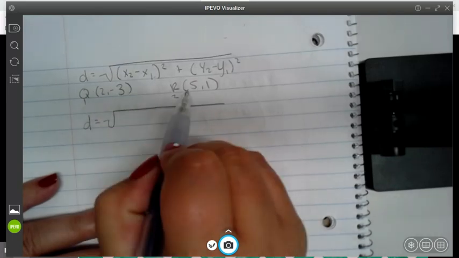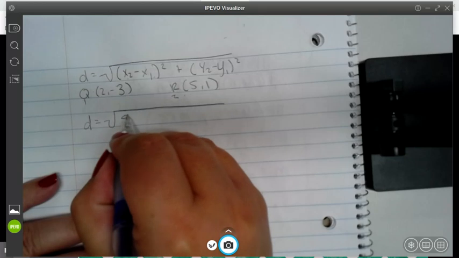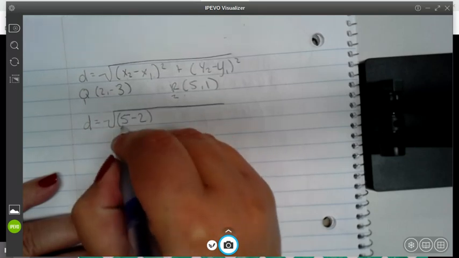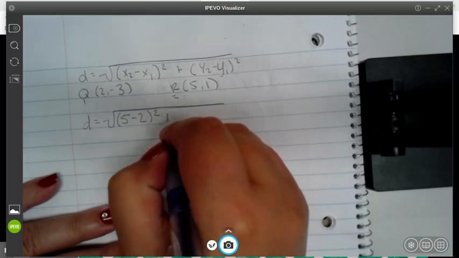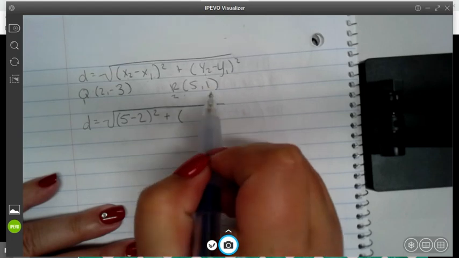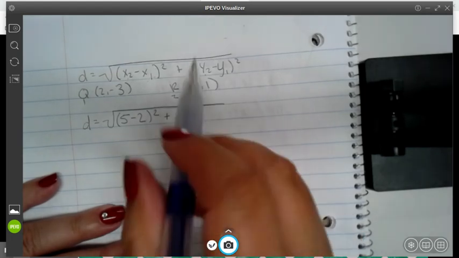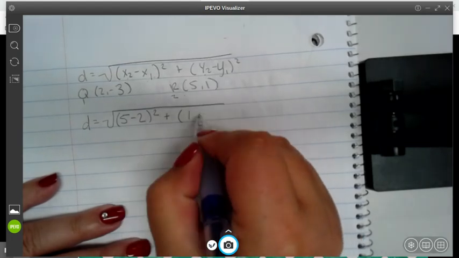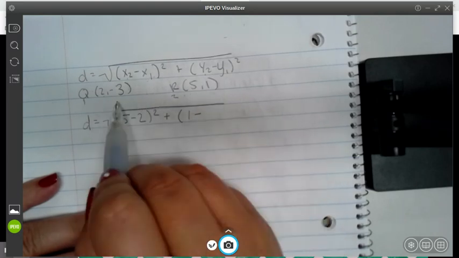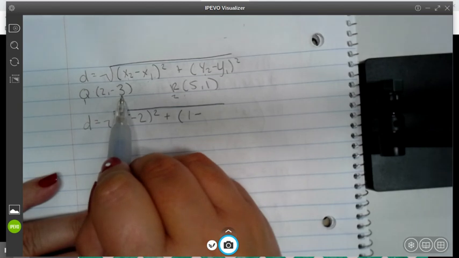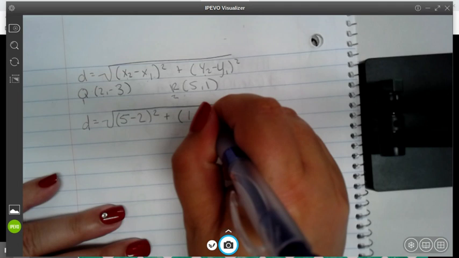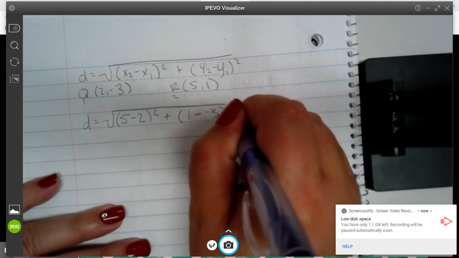So x2, 5, minus x1, which is 2, squared, plus y2 minus y1. So y1's over here. Negative 3 squared.